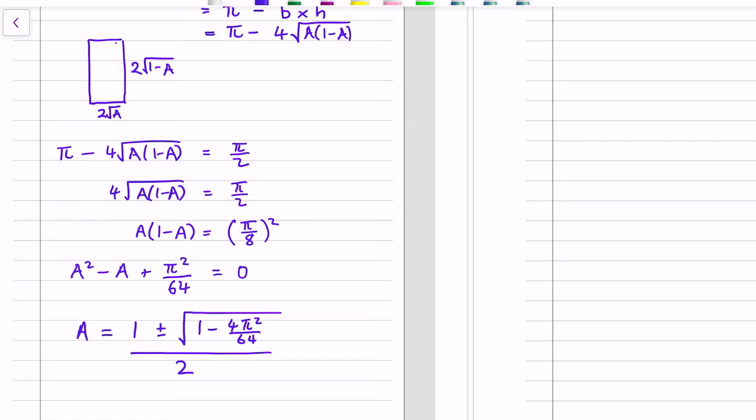So working out that value using a calculator and then deciding whether we need the positive or negative root. The positive root yields a value of 0.809. And the negative root yields a value of a equals 0.1905.